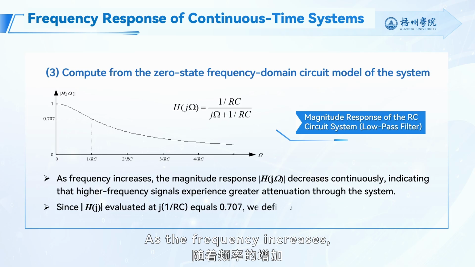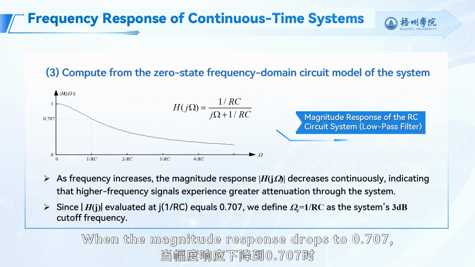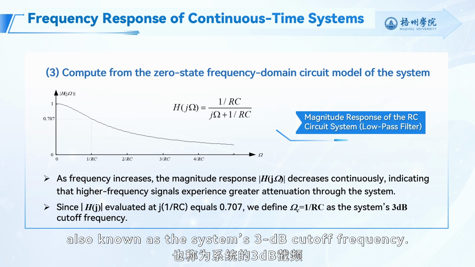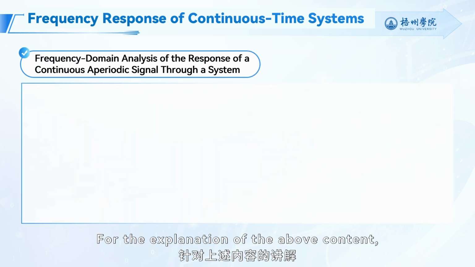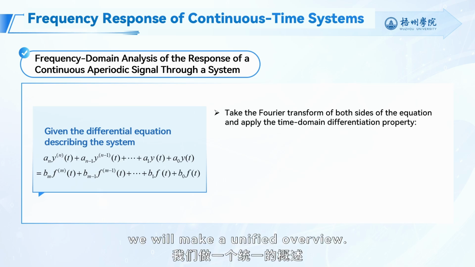As the frequency increases, the system's magnitude response decreases continuously. When the magnitude response drops to 0.707, the corresponding bandwidth is called the passband, also known as the system's 3 dB cutoff frequency. For the explanation of the above content, we will make a unified overview.